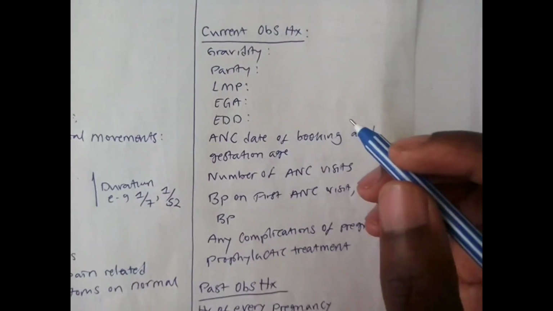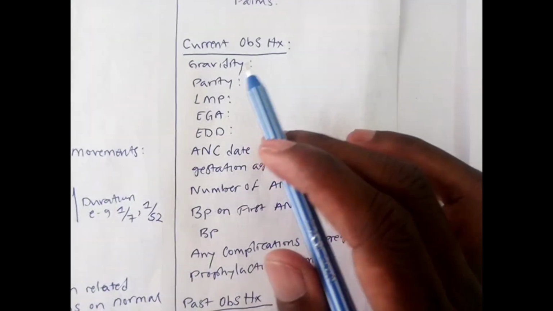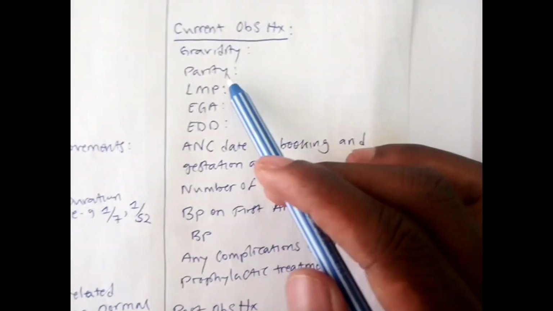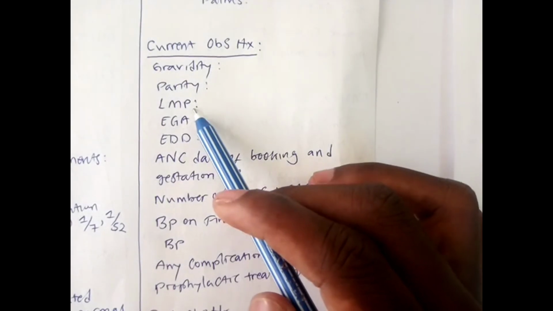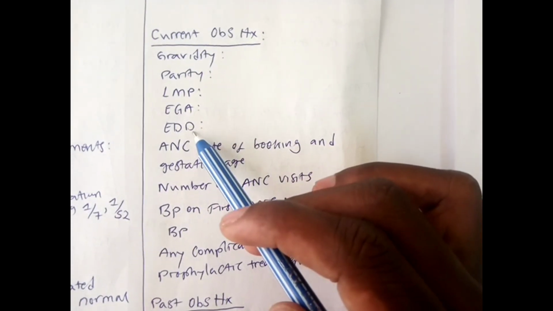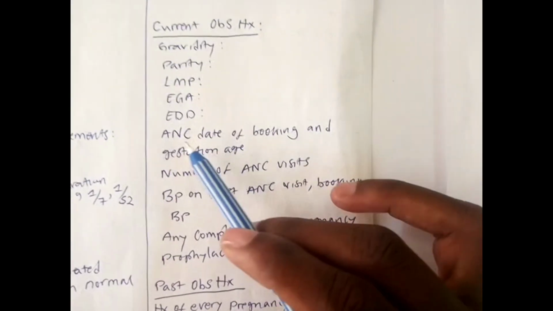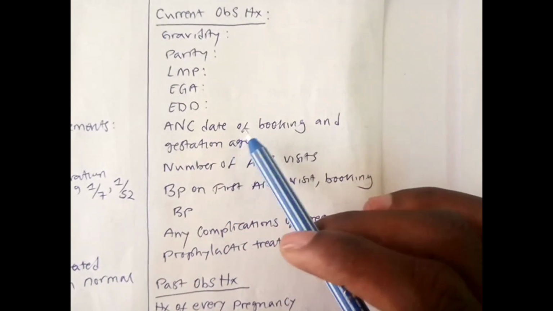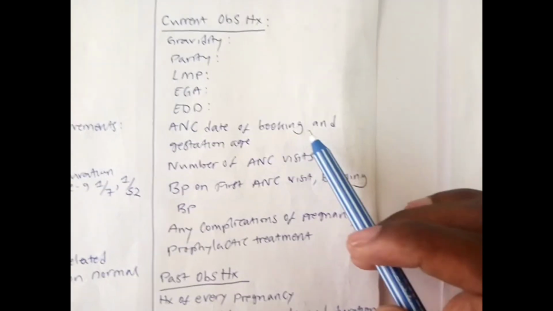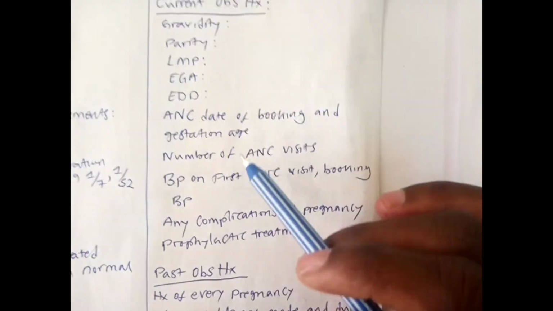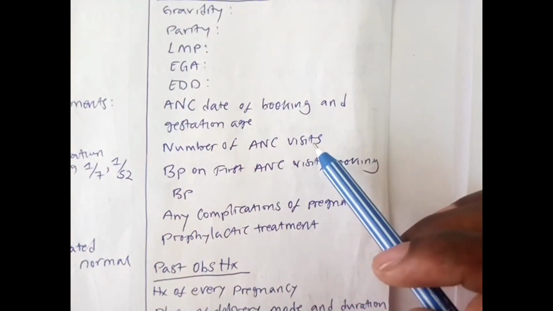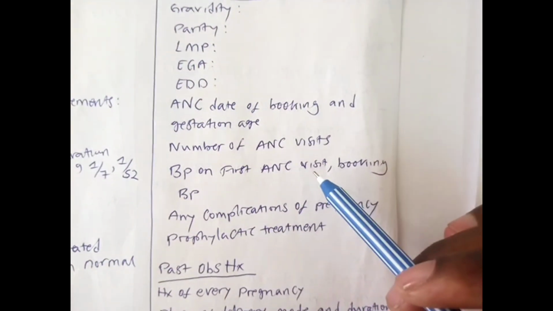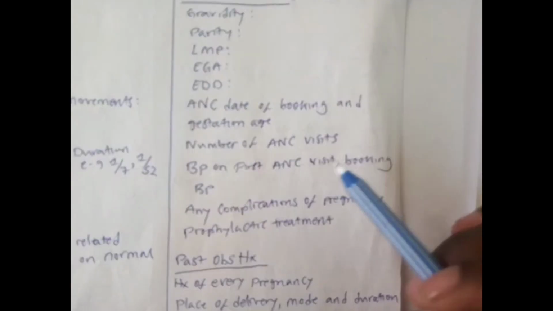Then if the patient of course is pregnant, you do your current obstetric history. So ask about the gravidity, ask about the parity, ask about the LMP, you ask about the EGA, ask about the EDD. Then antenatal booking, so the date of antenatal booking you have to ask, and at which gestation age, and the number of antenatal visits you have to record, and also record the BP on first antenatal visit, and also the booking BP.